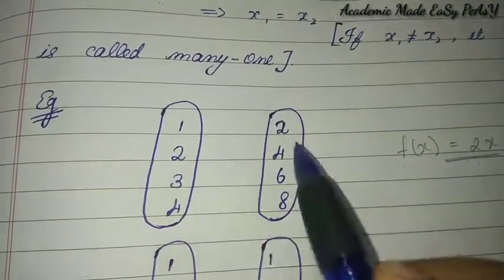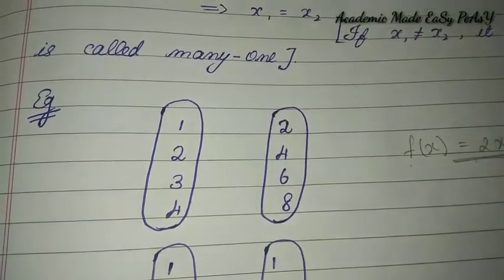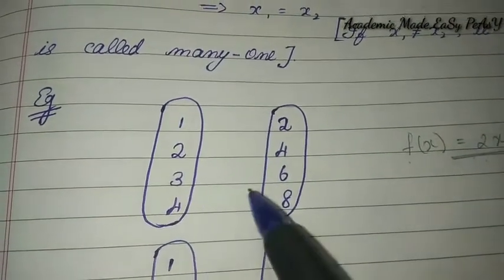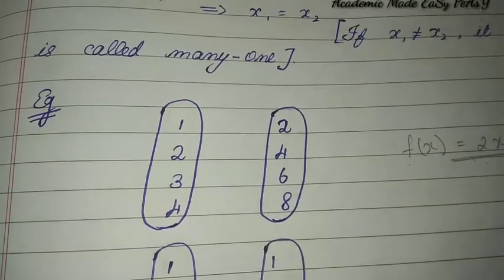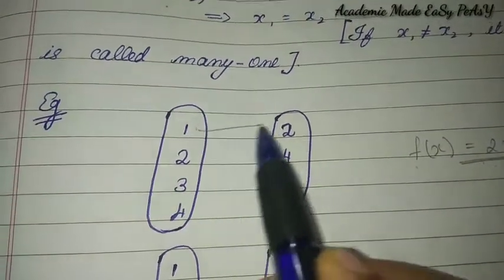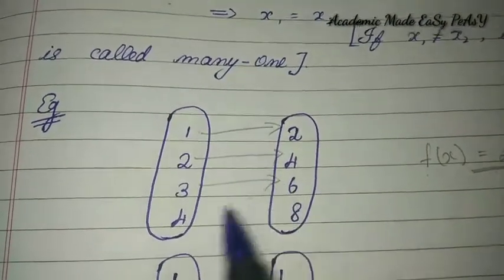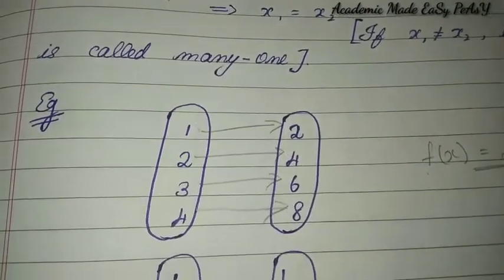So if I map the elements, I'll check whether I'm getting a one-to-one function or not. Let me do this example, then explain what one-to-one is. If I take 1, then 2x gives 2; then 4, and so on to the last. That's it.